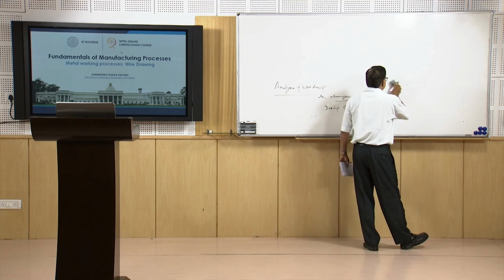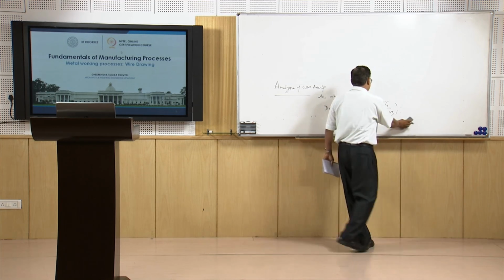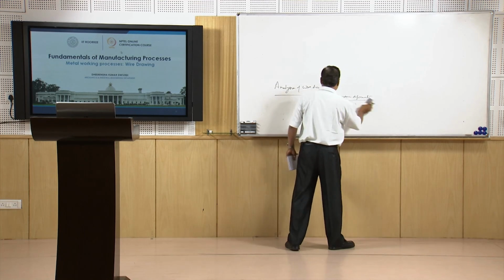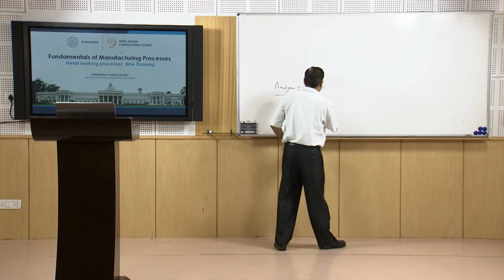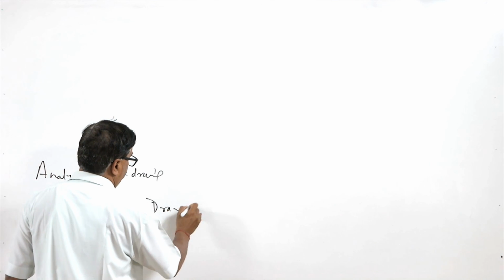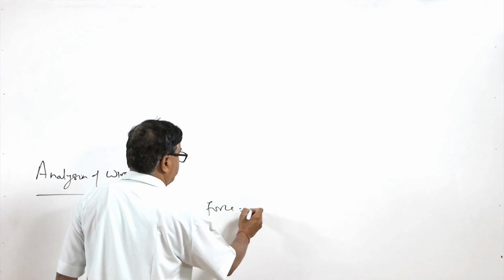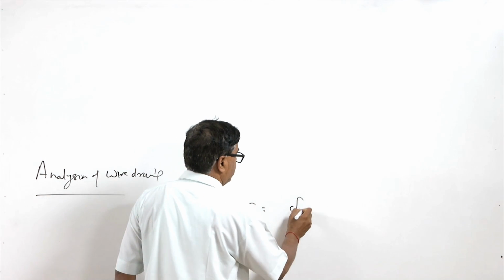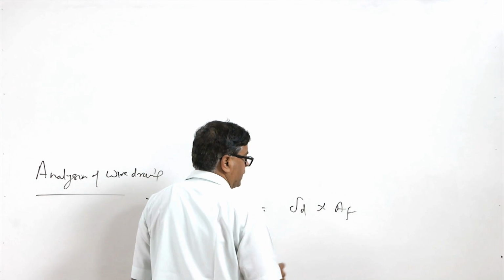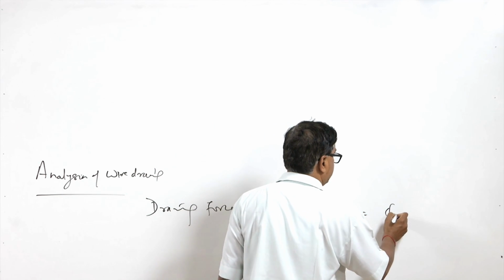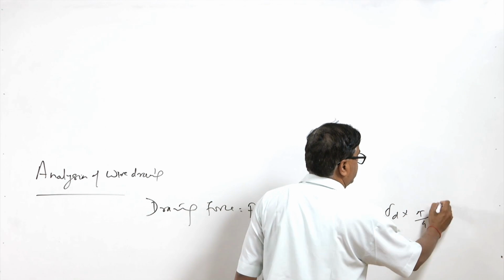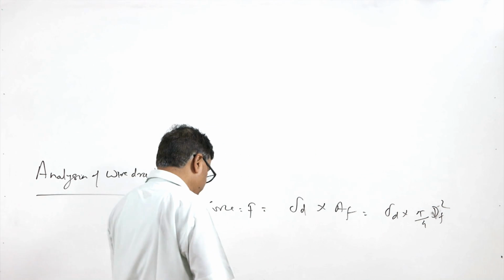Now, drawing stress multiplied by the drawing area gives us the drawing force. So, the drawing force F is obtained from the drawing stress sigma d multiplied by the final cross sectional area, which is pi by 4 times df squared, the final diameter.